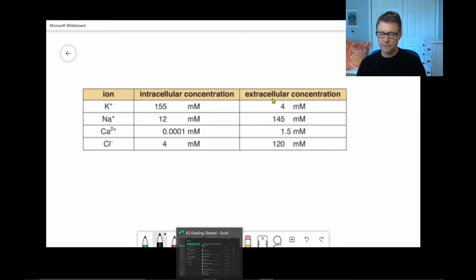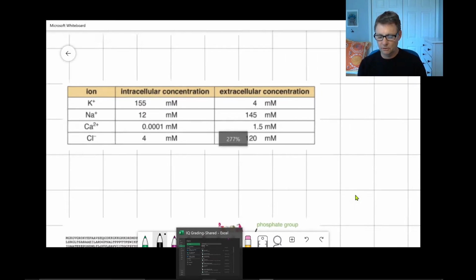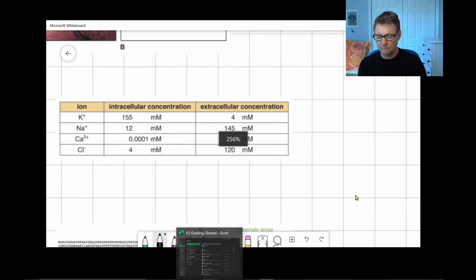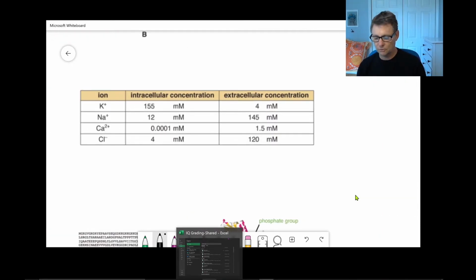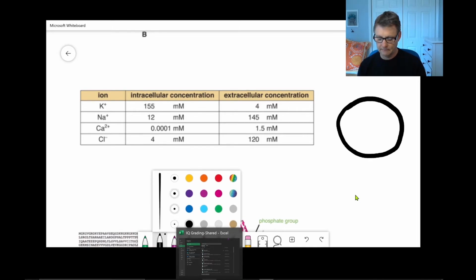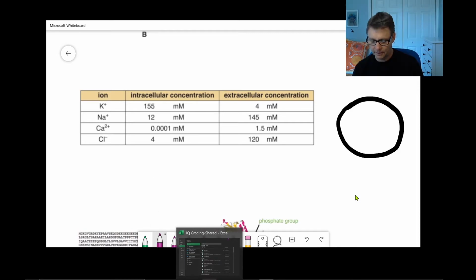All of these differences in the concentration gradients, if you watched the previous two videos, gave rise to a charge across the cell membrane. So there's our cell, and inside the cell we have very low sodium ion concentration, and the size of my drawing shows you the concentration difference.